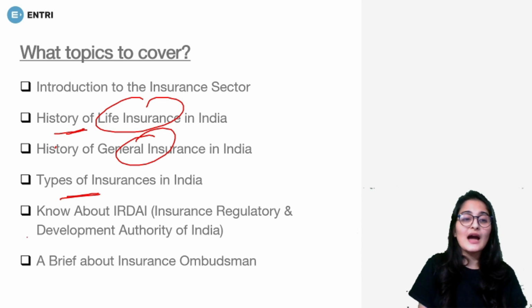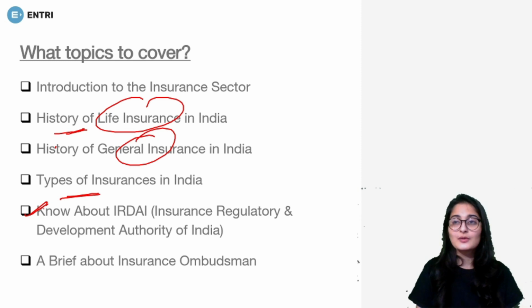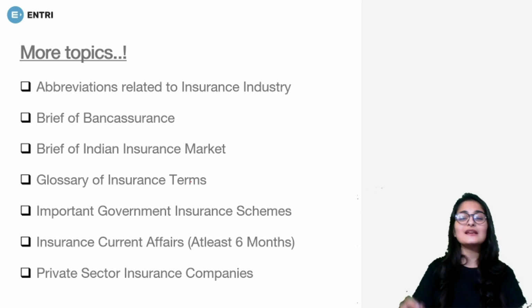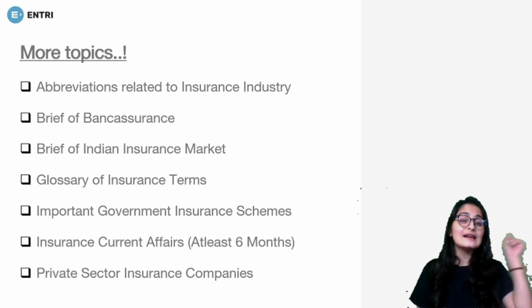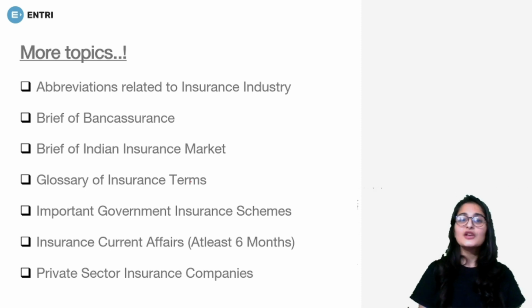You have to know about IRDAI, the Insurance Regulatory and Development Authority of India, its history, and the recent developments for obvious reasons. Then the insurance ombudsman, and all the abbreviations, especially those which are currently in the news.